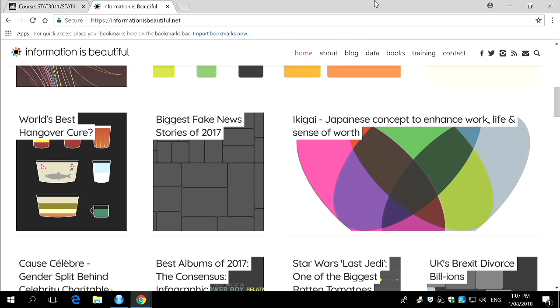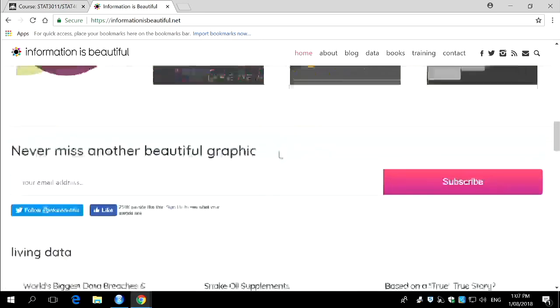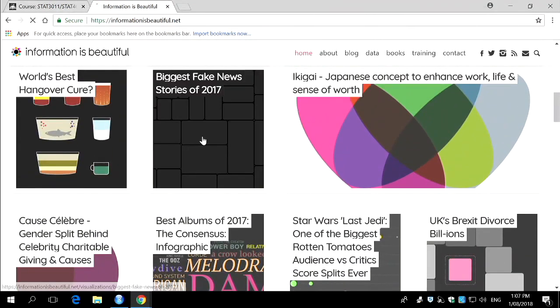And of course that's the whole point of the first part of the project we're doing: to look at graphics that are out there and critique them and say, what's wrong with it? That's generally what you'll have to do, because there's usually a lot wrong. And what's right with it? Sometimes people produce wonderful graphics. So this is a cool website to visit, and you can certainly get different ideas from it.